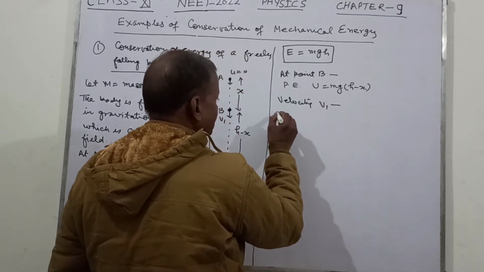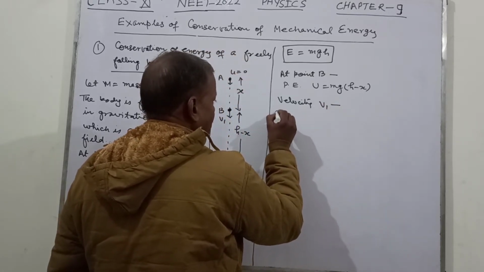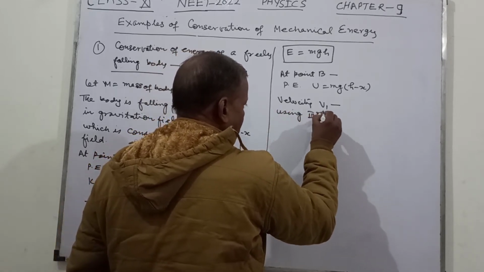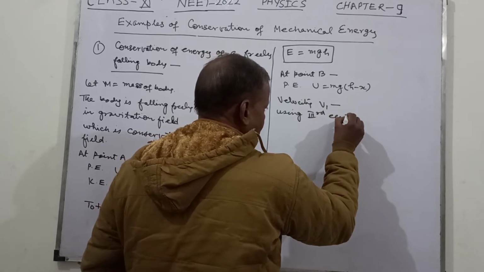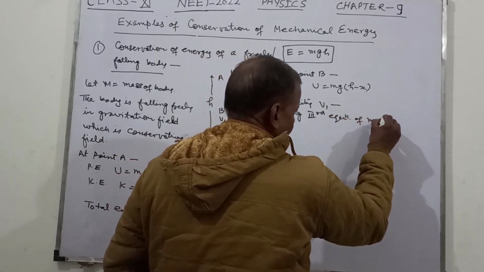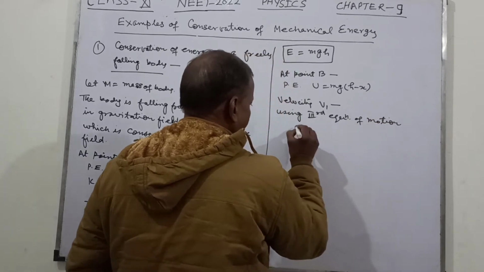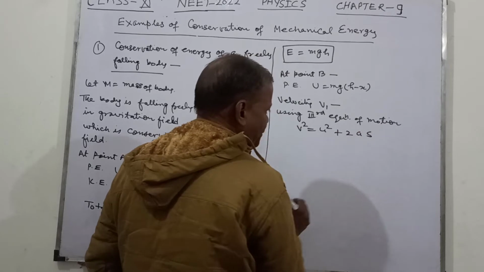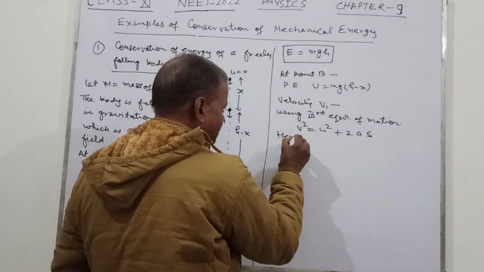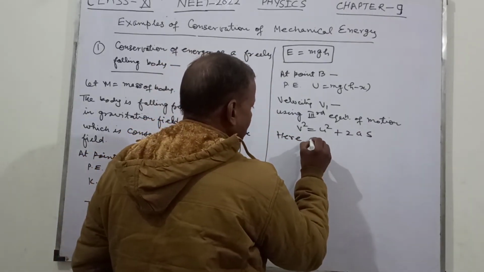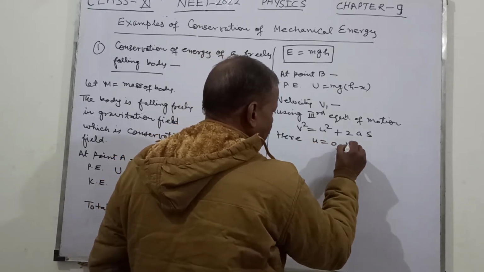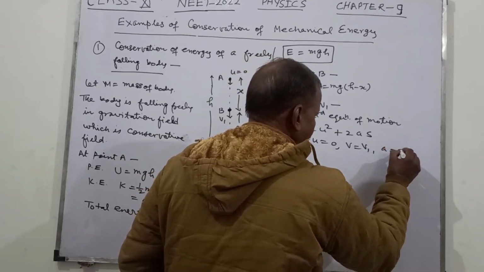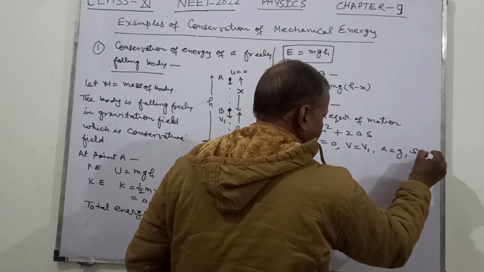So this we will find using the third equation of motion. This is now v square equal to u square plus 2as, and here what is u equal to 0, v equal to v1, a equal to g, and s equal to x.